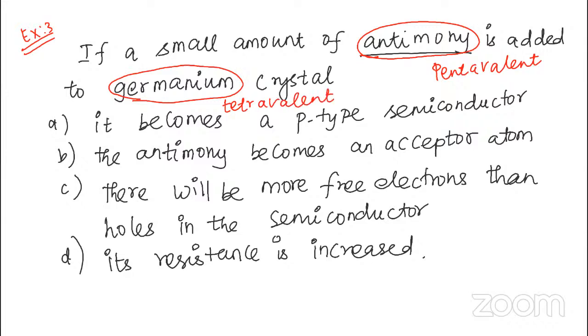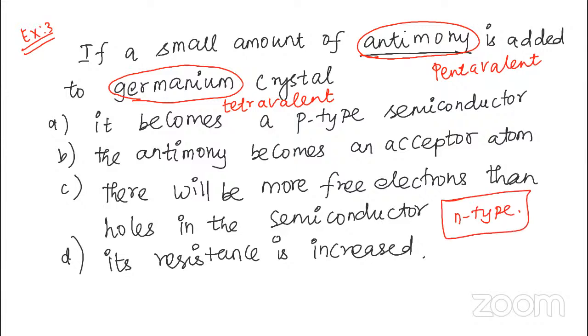So if antimony is added to the germanium crystal, automatically it is an N-type semiconductor.